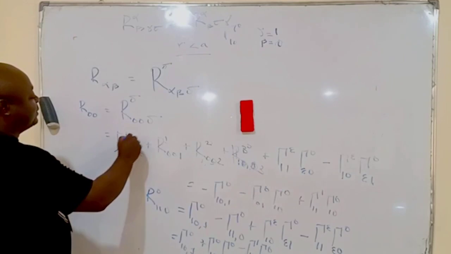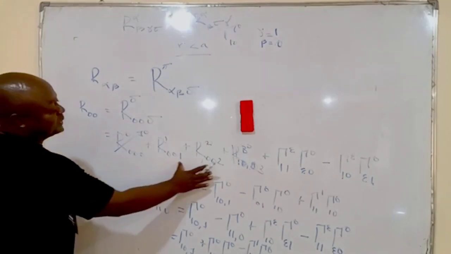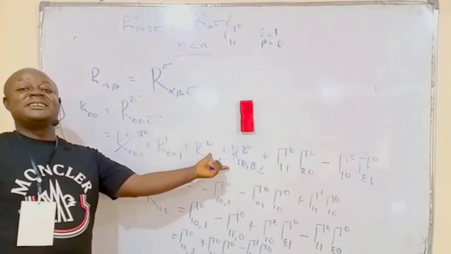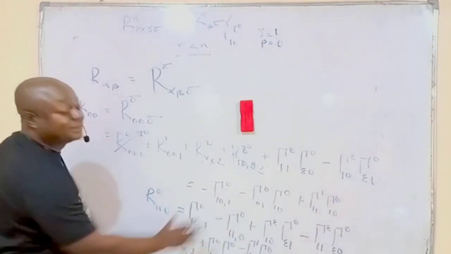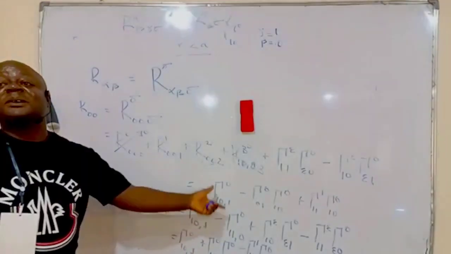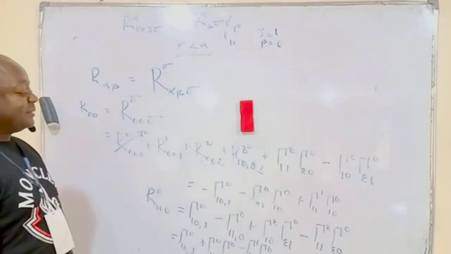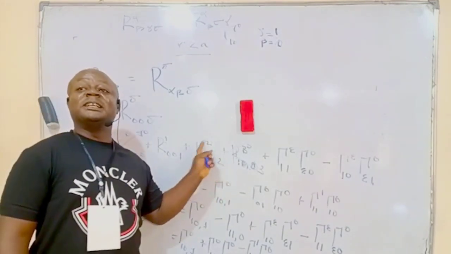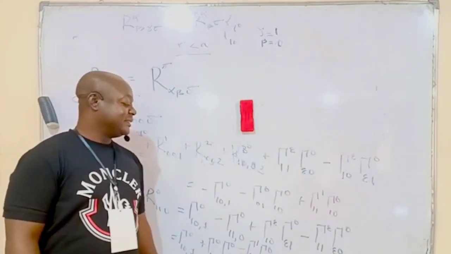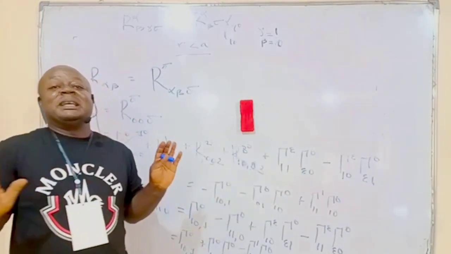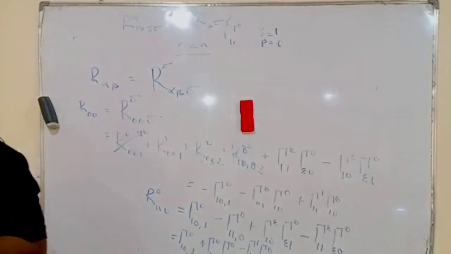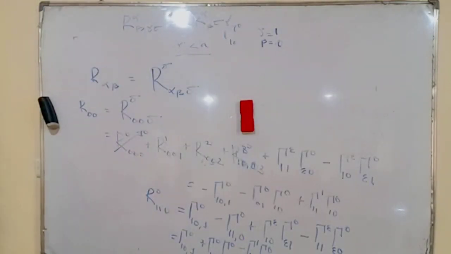So this one will go to 0. So your equation will reduce to this. Then from there you can now substitute all of that inside. Now substitute the expressions for this, this, and that. And as I said, you can still leave them in terms of gamma, if you want to handle your gammas at one time.